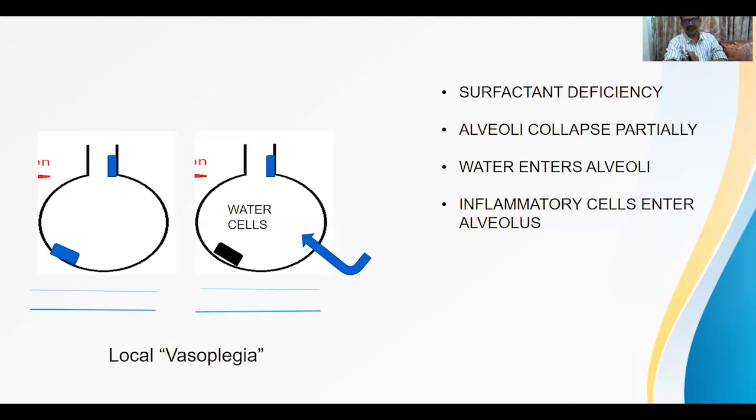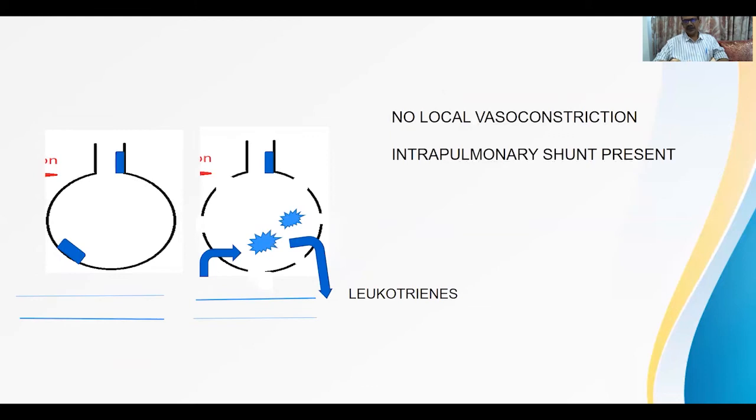Now we have to explain why local vasoplegia happens only in P, not in C. Why does it happen? No local vasoconstriction, because in this situation, these outside cells and water are coming inside. Here these inflammatory cells produce something called leukotrienes.